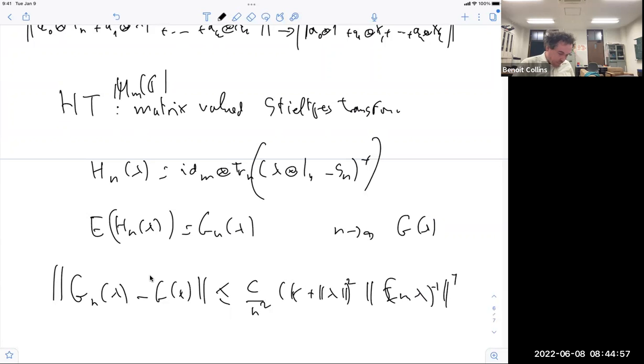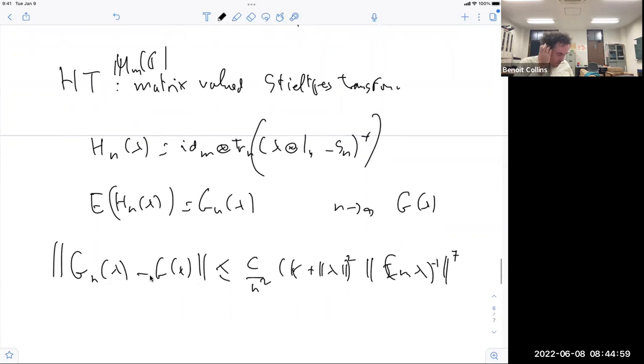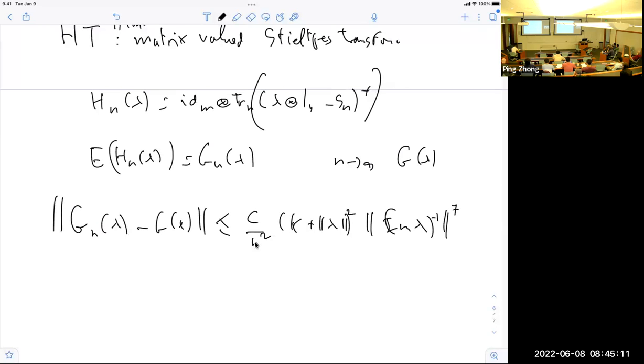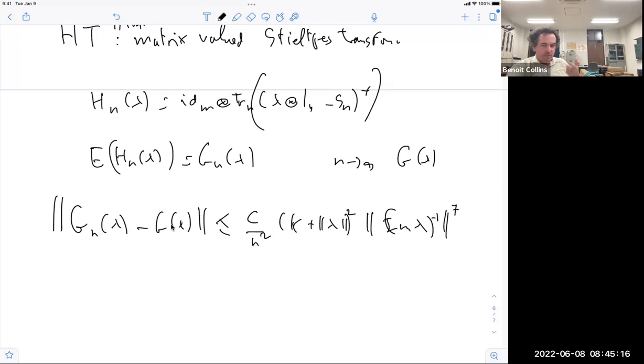I see they have a power 7, but there has been improvement subsequently. So let's just look. The first thing is, obtaining this is painful. You have to use in a very clever way repeated integration by parts.